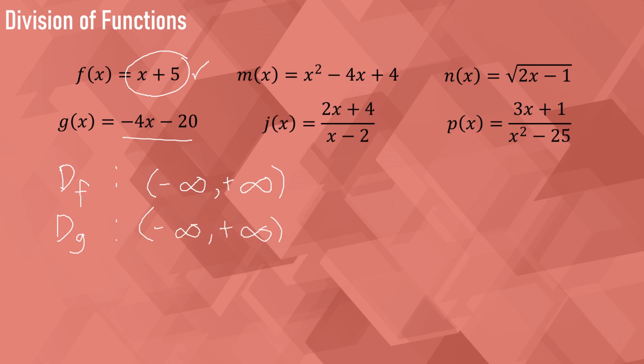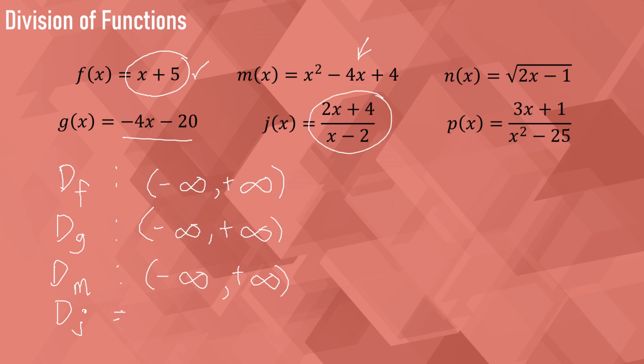What about function m? This one is a quadratic function, and a quadratic function is also a polynomial function, so we have the set of all real numbers. Let us proceed to the fourth function, the domain of function j.